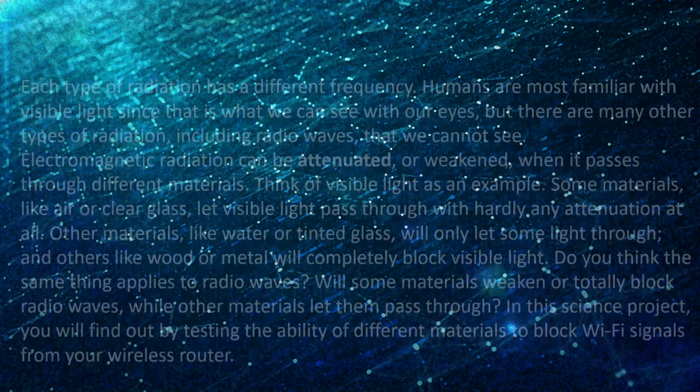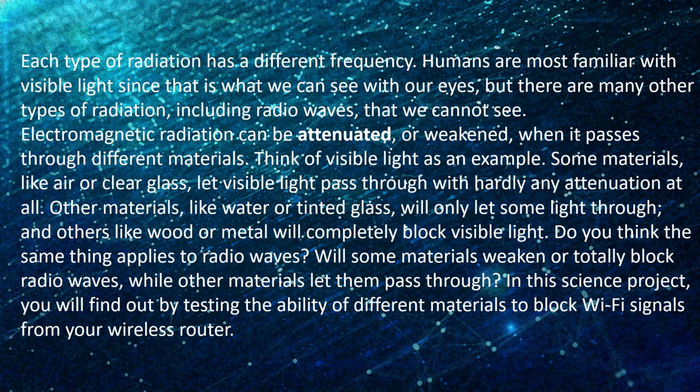Each type of radiation has a different frequency. Humans are most familiar with visible light since that is what we can see with our naked eyes. Electromagnetic radiation can be attenuated and weakened as it passes through different materials. For example, visible light can pass through materials like air or clean glass as they allow visible light to pass through them easily.